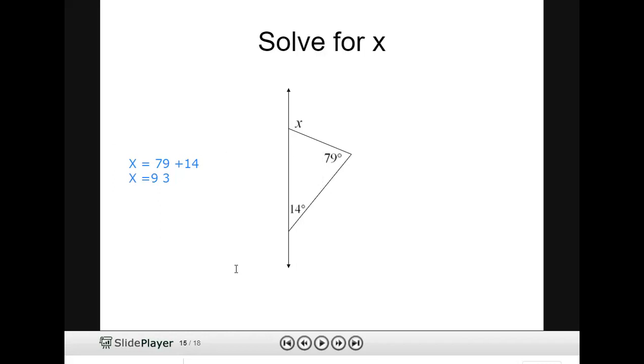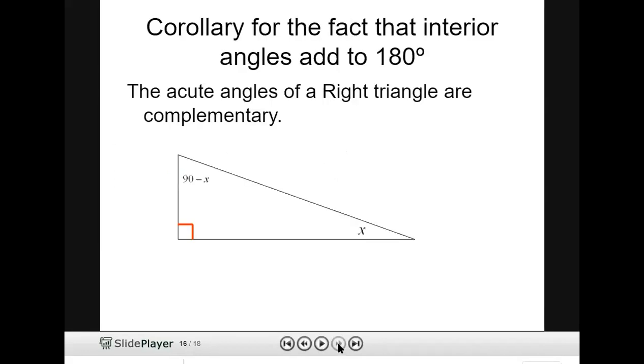Let's take another example. For any triangle, the sum of the measures of the interior angles equals 180. The measure of the exterior angle equals the sum of the two non-adjacent interior angles. So we have a corollary for the fact that the interior angles add to 180. What is the first corollary?